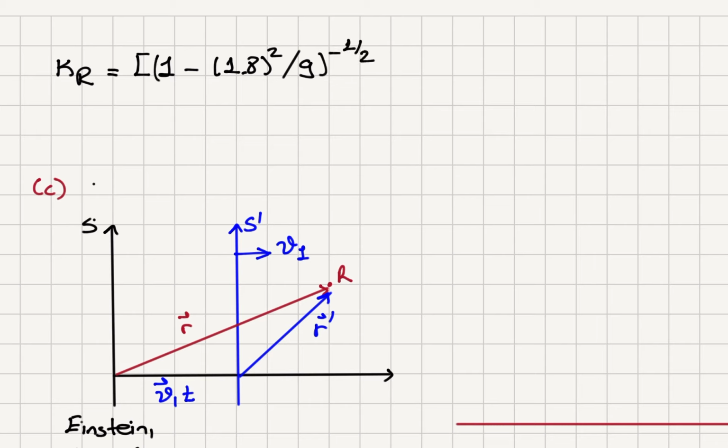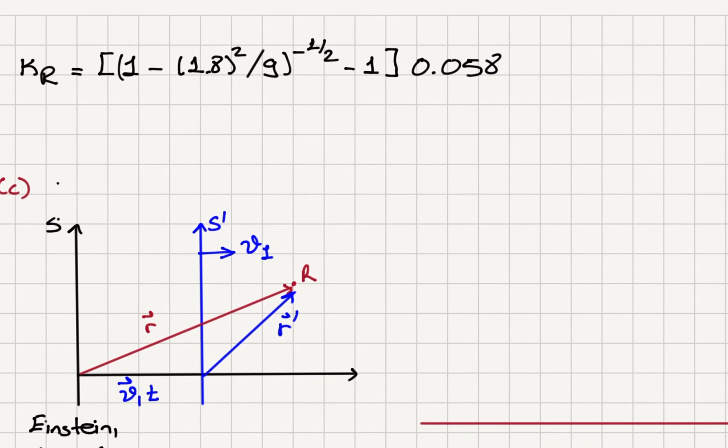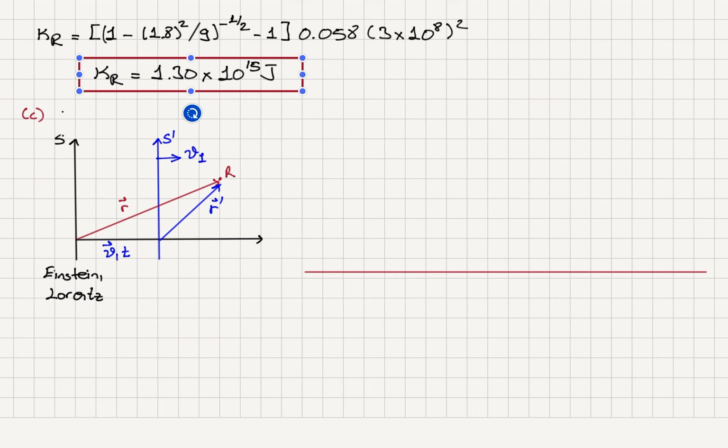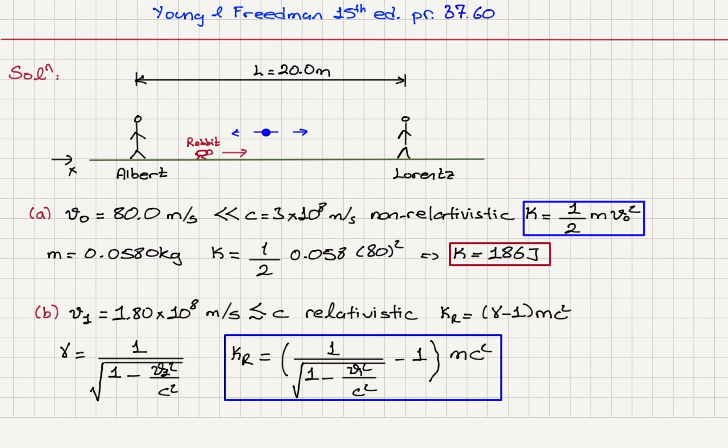So this is our gamma. Minus 1, multiplied by the mass of the ball, 0.058, and the speed squared, 3 times 10 to 8 squared. And this gives us, for the relativistic kinetic energy, 1.30 times 10 to 15 joules. So that's the answer to part B.